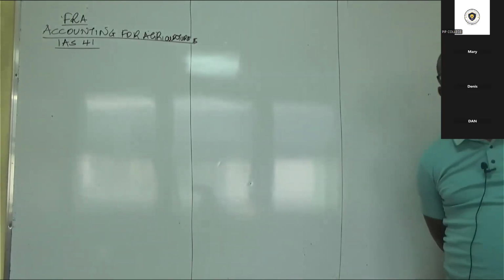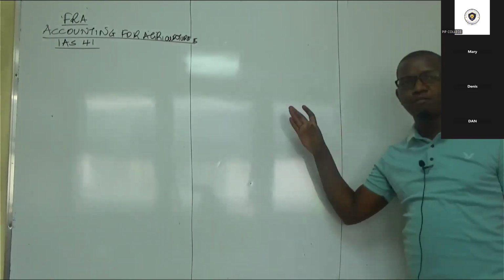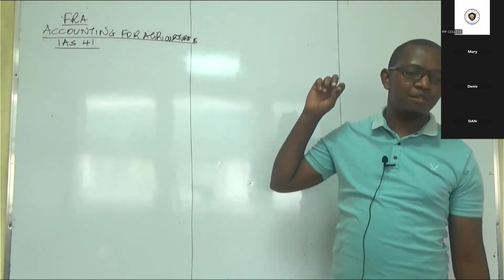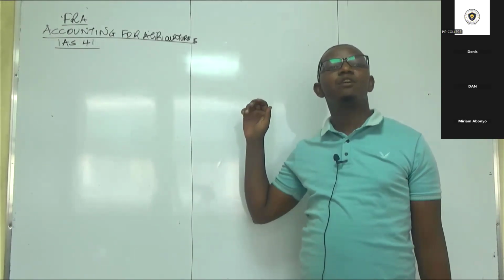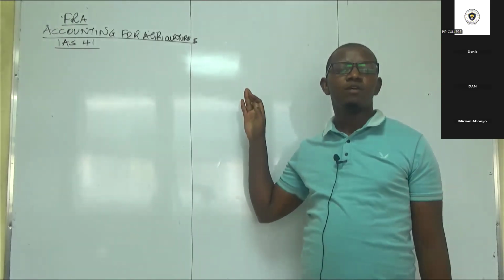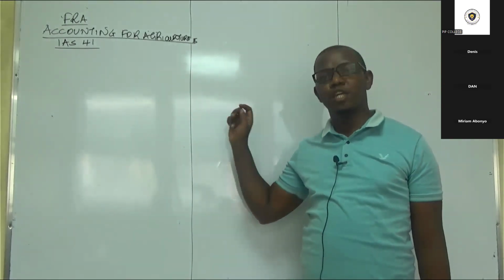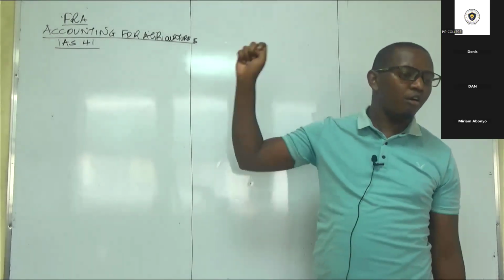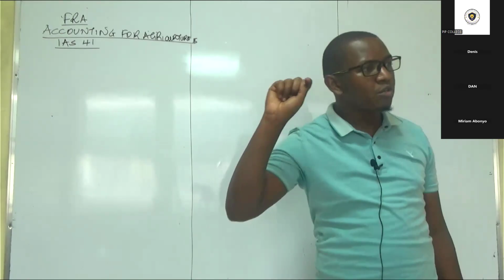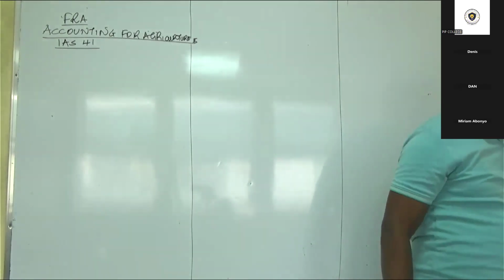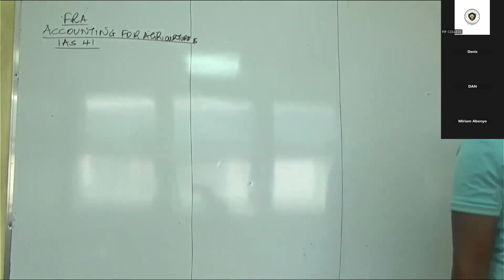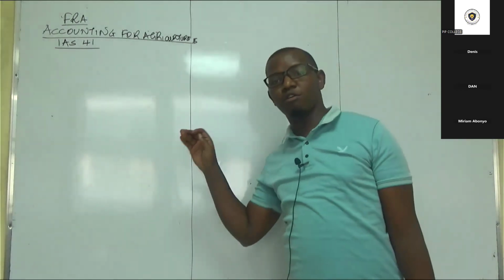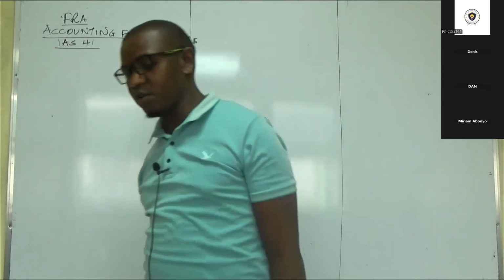So if a biological asset is measured at fair value, any cost relating to that particular biological asset, we should recognize it as an expense, not the cost to produce the biological asset. And those are the accounting treatments for a biological asset.